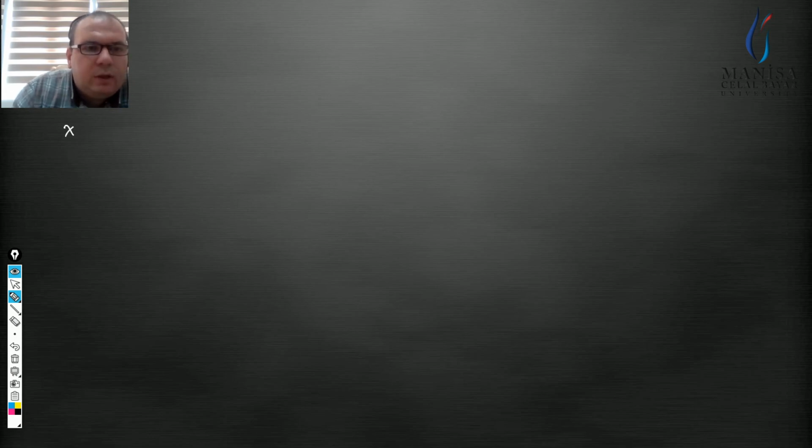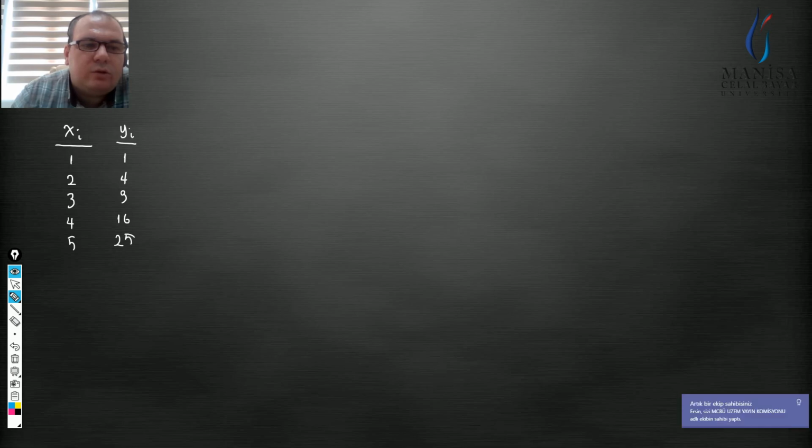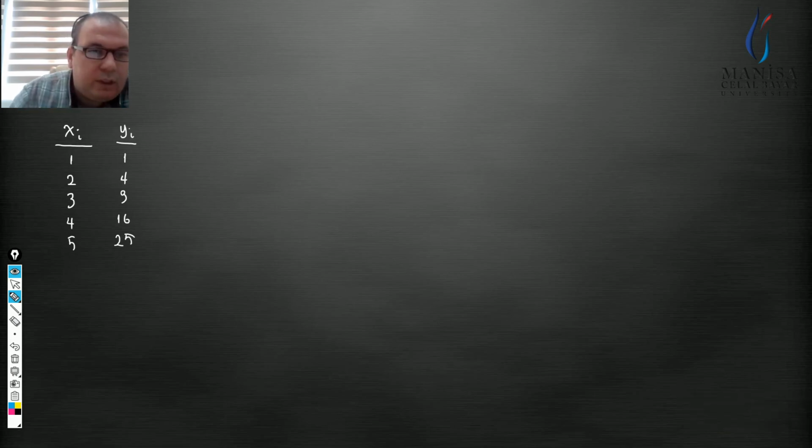Suppose that we have 5 data points for X: 1, 2, 3, 4 and 5, and for the Y points let's have 1, 4, 9, 16 and 25. These points equal the squares of the X points, but we are going to find a line, so we will have some error like this. We will have an error for these data points if we use a line.